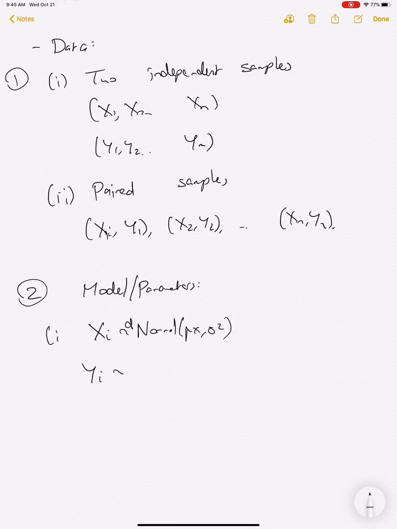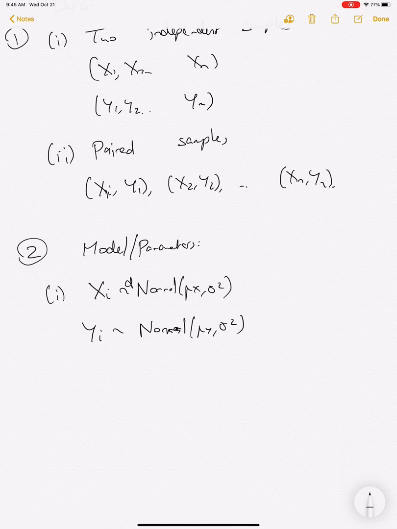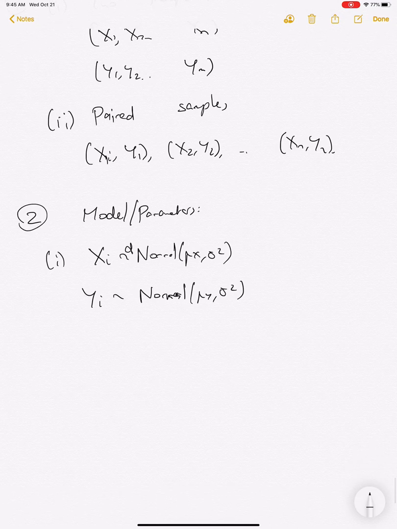In the first case, we have Xi as normal with mean mu x and Yi as normal with mean mu y, sigma squared. We looked at the case where the variances could be different, but for simplicity, we're interested in the case where they're the same. And in the second case, we have that Xi, Yi is like a bivariate normal with mu x, mu y, sigma x squared, sigma y squared, rho.